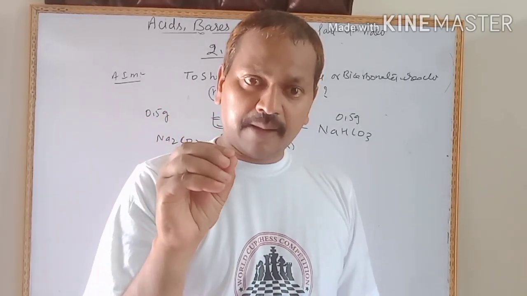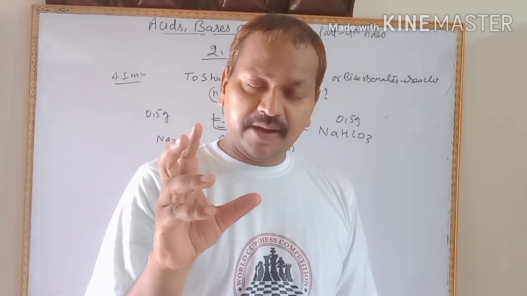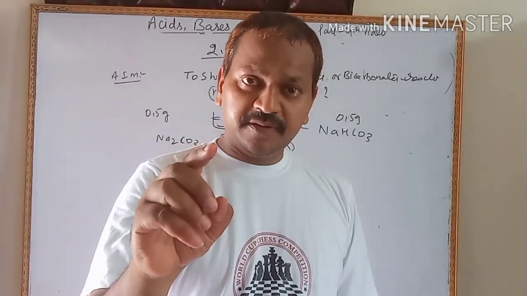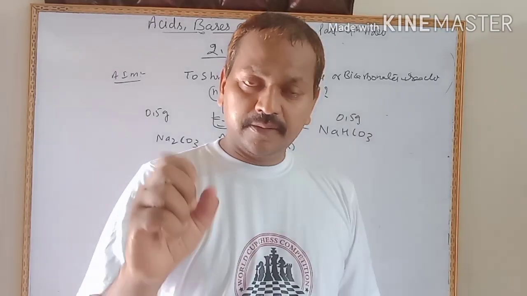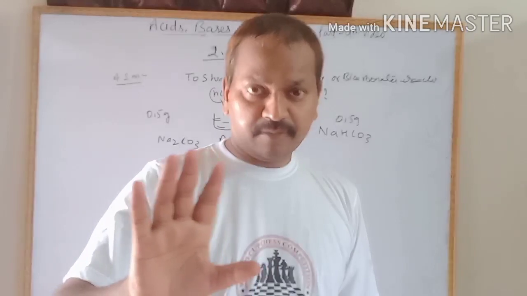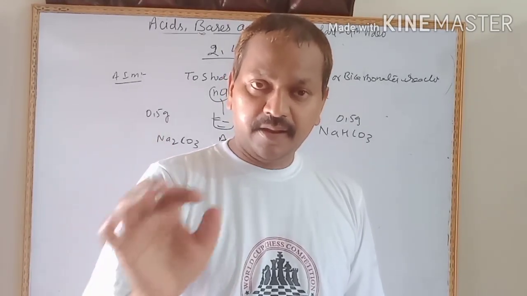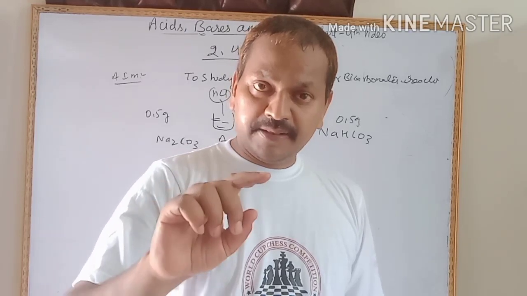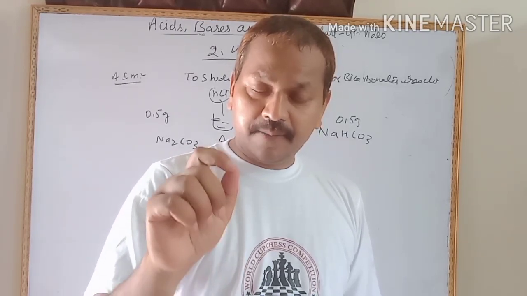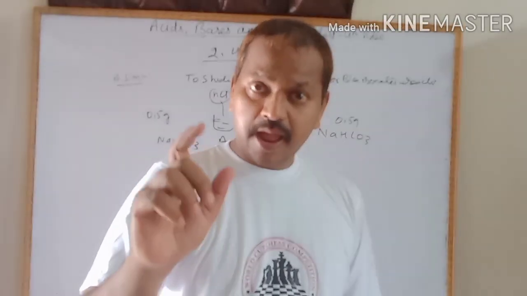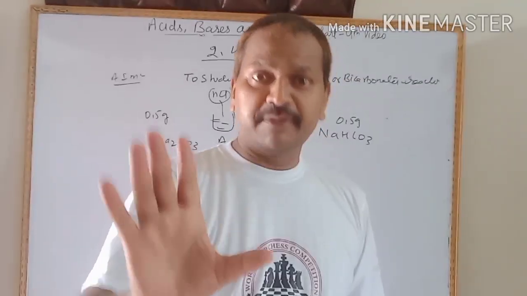Any carbonate or bicarbonate salt reacts with acid to produce the corresponding salt plus carbon dioxide and water. Keep this same point in your mind. All carbonate or bicarbonate salts, when they react with acid, produce corresponding salts, water and carbon dioxide.